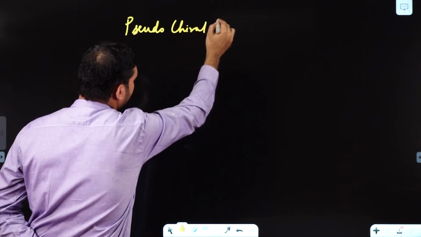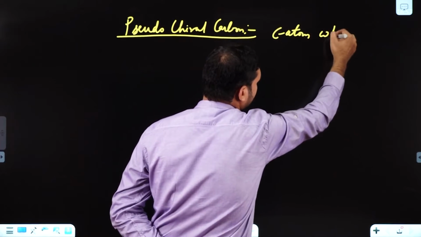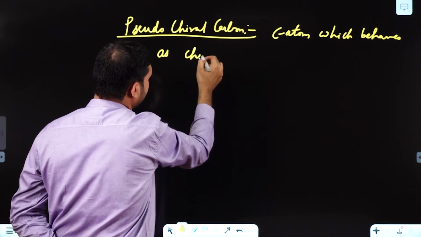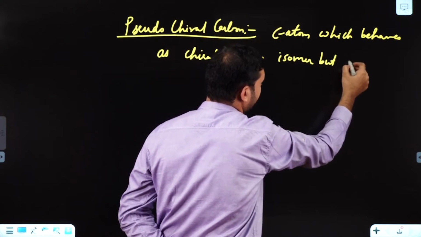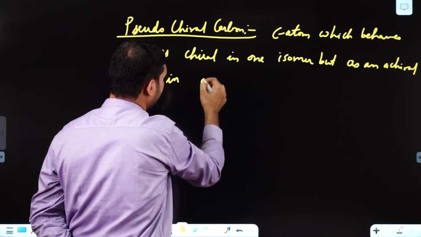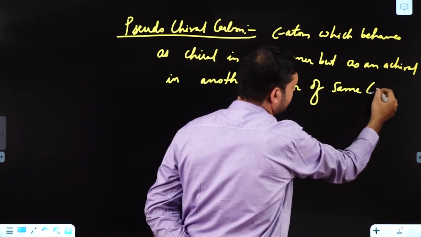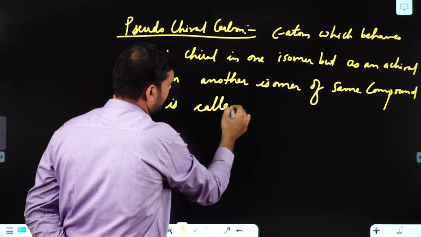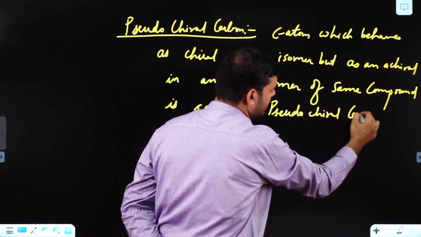Pseudo chiral carbon: a carbon atom which behaves as chiral in one isomer but as achiral in another isomer of the same compound is called a pseudo chiral carbon.